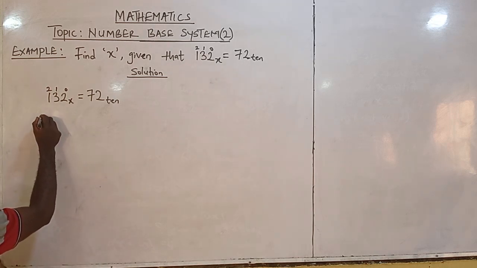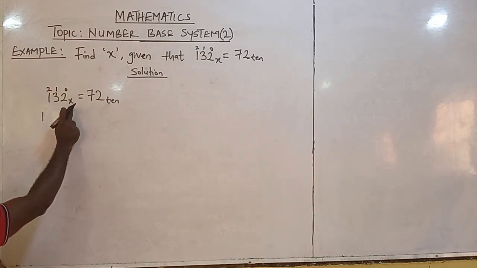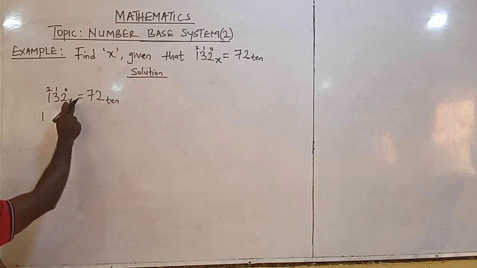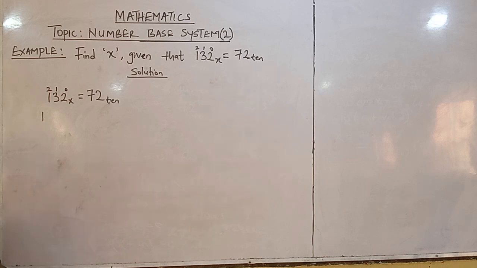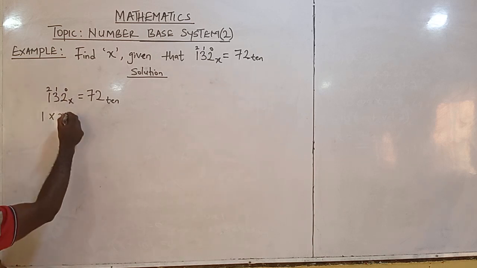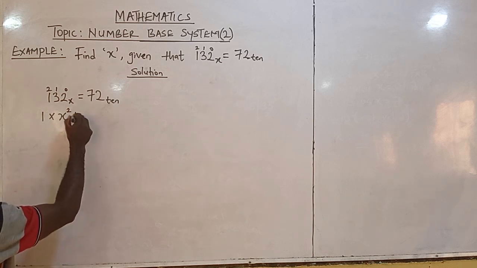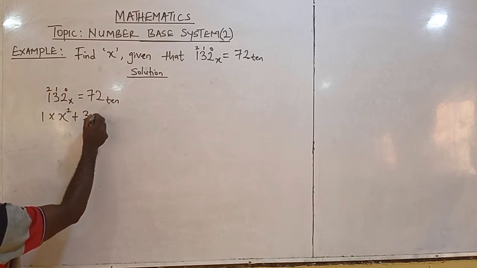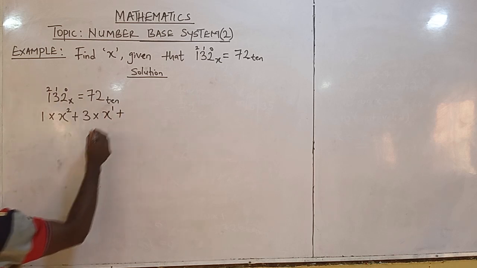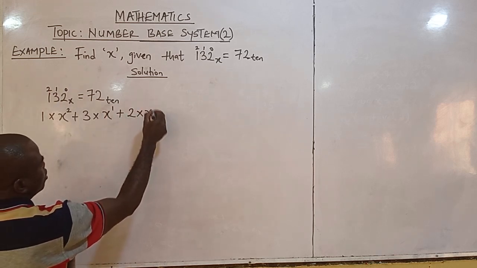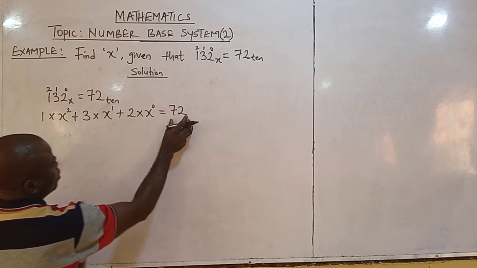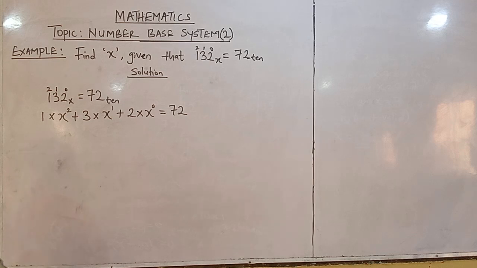Now you multiply each of them with the base and put the number on top of each number at the index of the base. 1 times x raised to power 2 plus 3 times x raised to power 1 plus 2 times x raised to power 0 equals to 72. Is that okay? They are now in base 10 together.